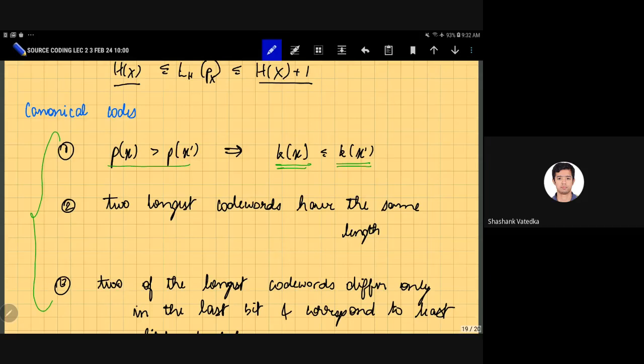So if a code achieves minimum expected length, then property one must always be satisfied.